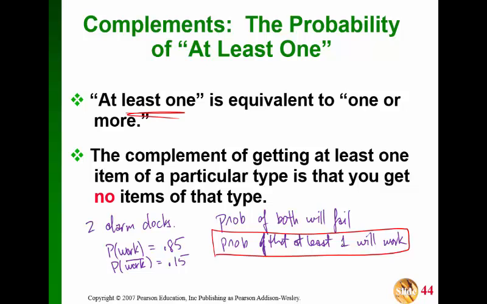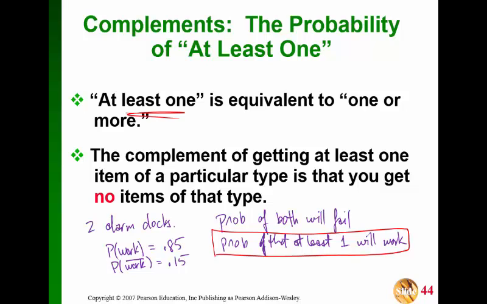But what might be more interesting to find out is the probability that both of them will fail, right? And if we count that, then the complement of that will say that at least one of them will work.